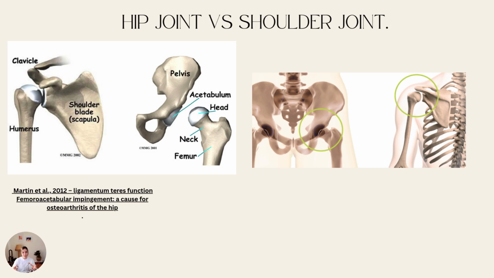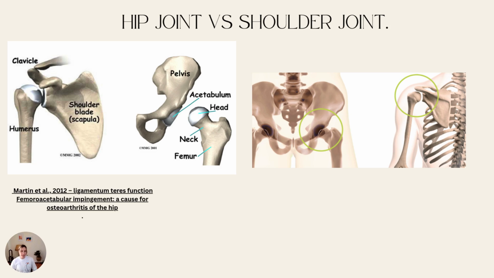I added a slide for a quick tangent, a comparison of the hip joint and shoulder joint. They both are ball and socket joints, and we know that, right? Very often the shoulder is compared to the hip, and it makes total sense because they have similar structures.